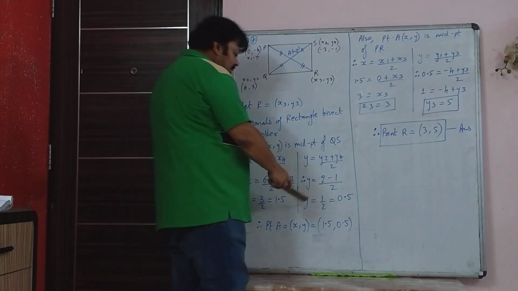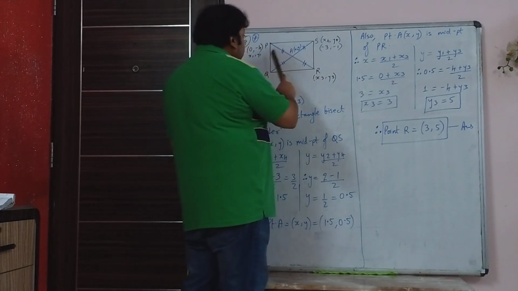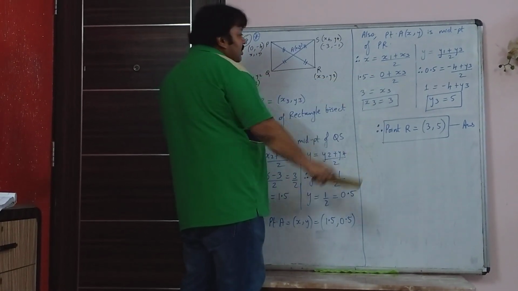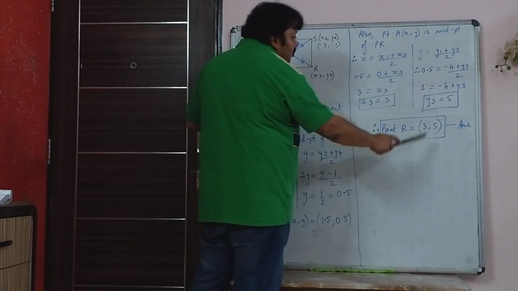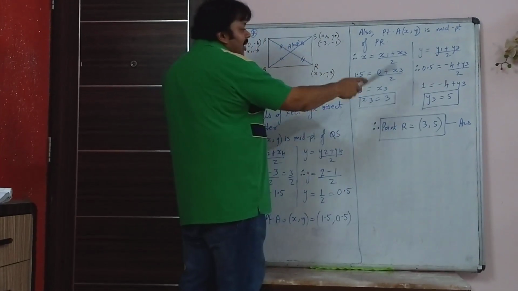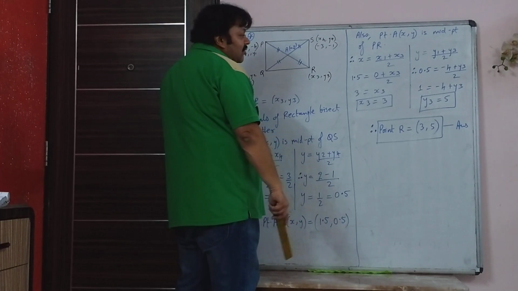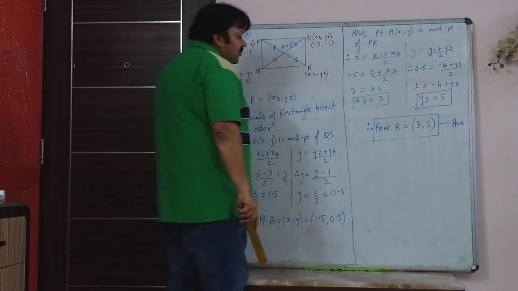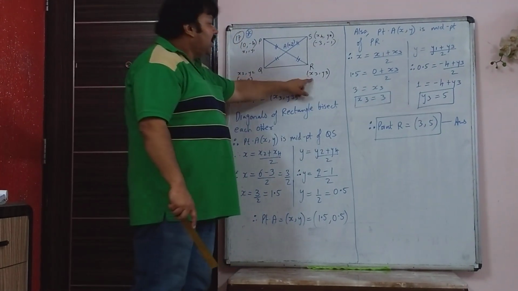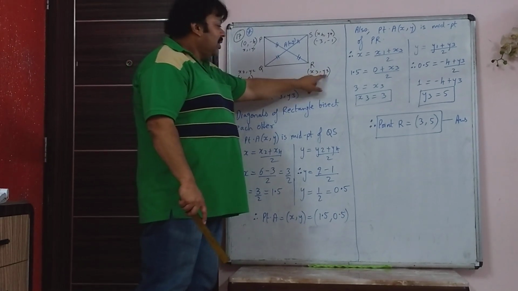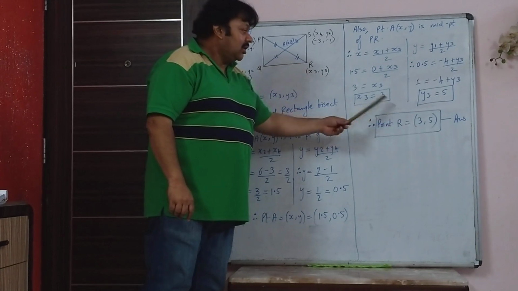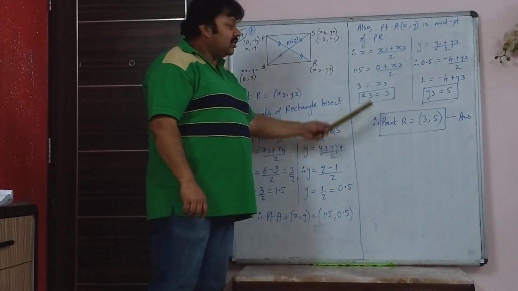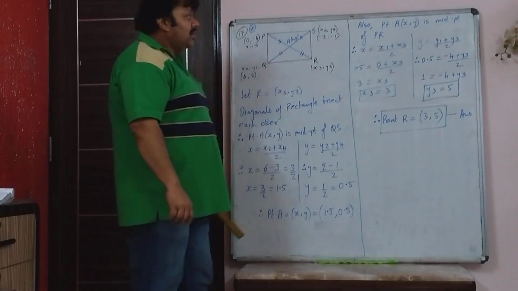So your 0.5 is (minus 4 plus y3) upon 2. So 0.5 into 2 is 1. So 1 plus 4, that is 5, is y3. So your point R is (x3, y3), that is (3, 5). You are asked for point R, so don't leave it as x3, y3, you have to write R is (3, 5).